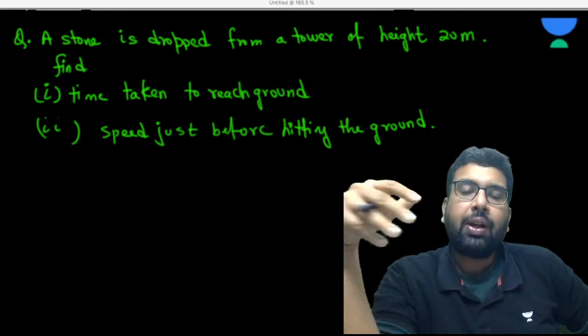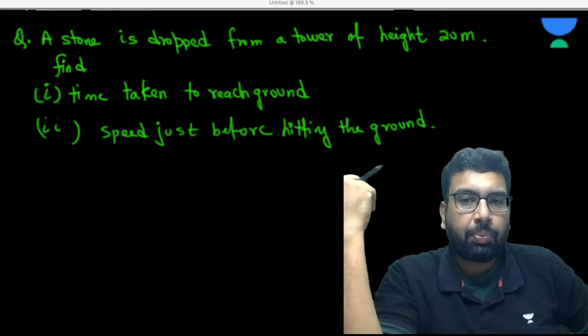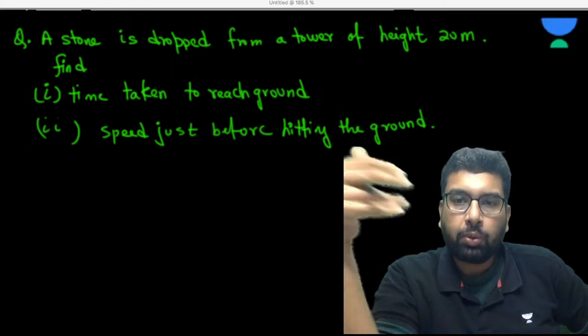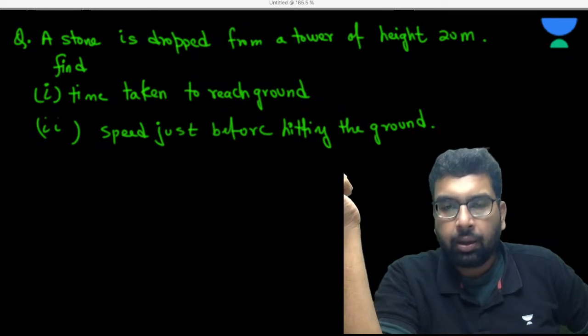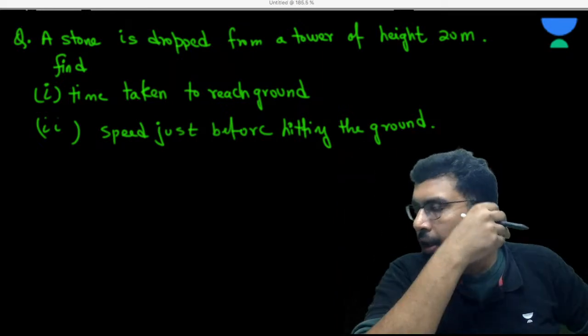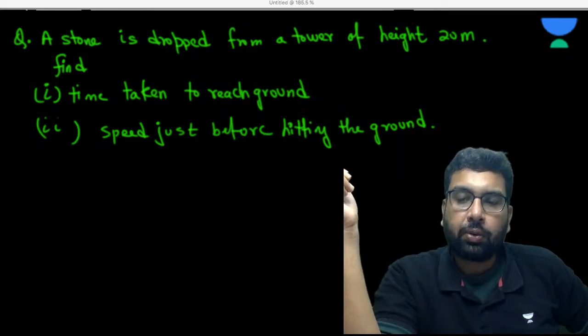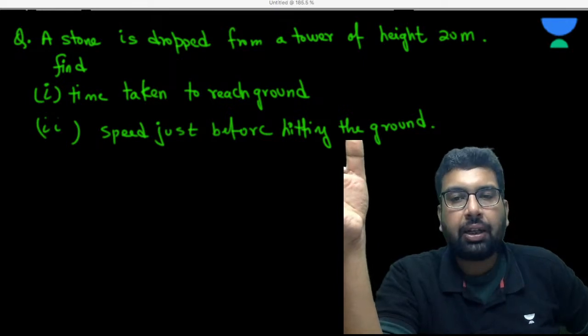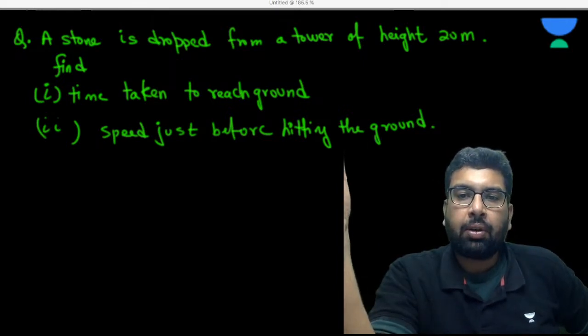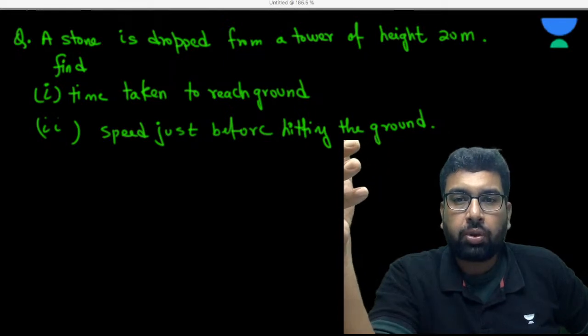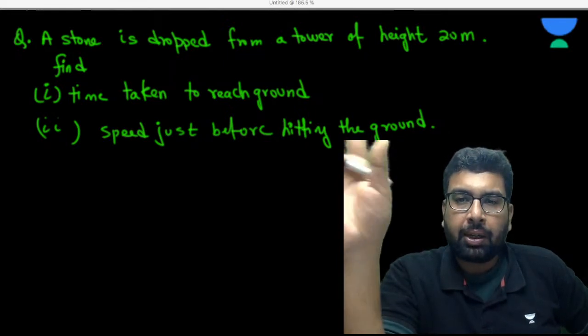So what we are trying to do on this channel is complete physics and biology. Soon chemistry is also going to start on this channel, and we are into kinematics. We have completed vectors previously, and we have done motion in a straight line to some extent. Motion in a straight line will be completed in 2 sessions.